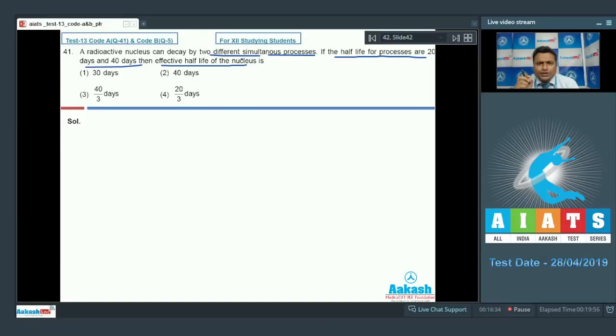Now, in such kind of questions where the two decays are going on simultaneously, the effective half-life period we can write by the formula T1 T2 upon T1 plus T2, where T1 and T2 are their individual half-lives. Putting the values, 20 into 40 divided by 20 plus 40.